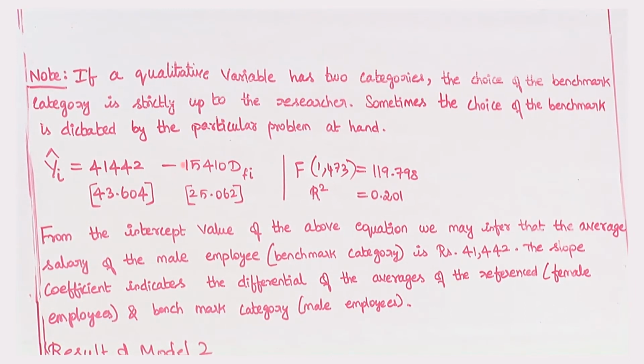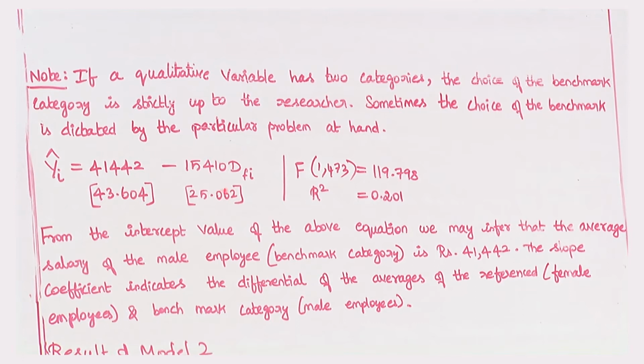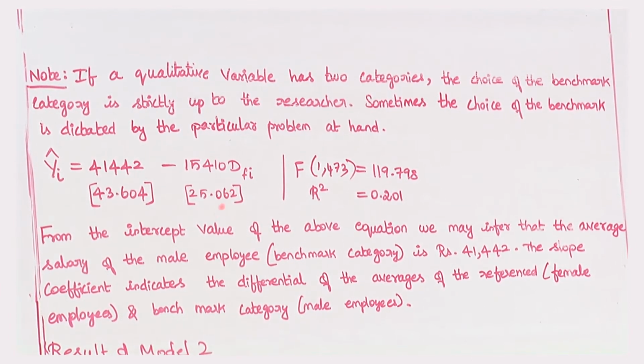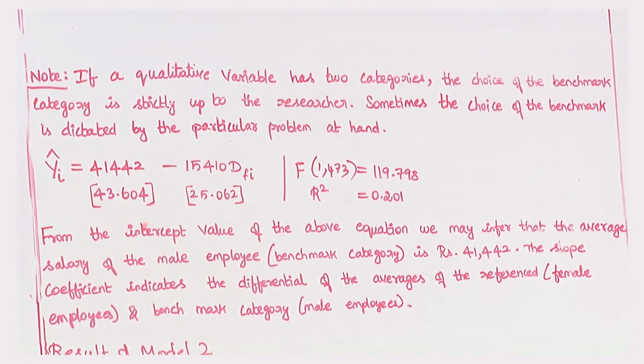In this case this is negative because the average salary of the male employees is higher than the average salary of the female employees, and so now we are getting the negative. So, this is how we are getting the coefficients in the models.